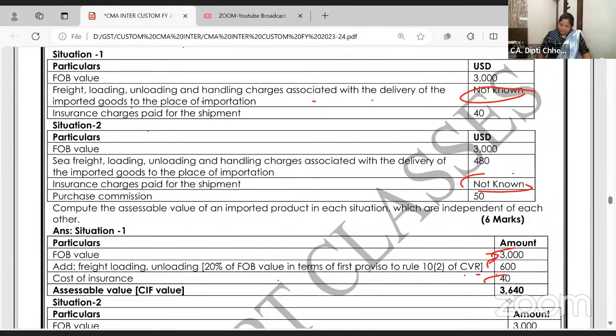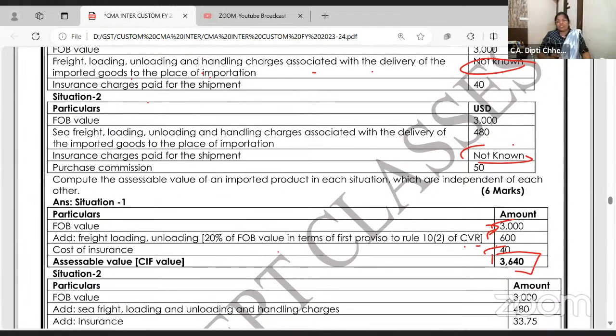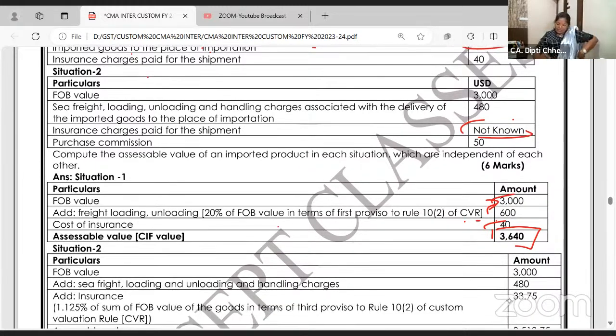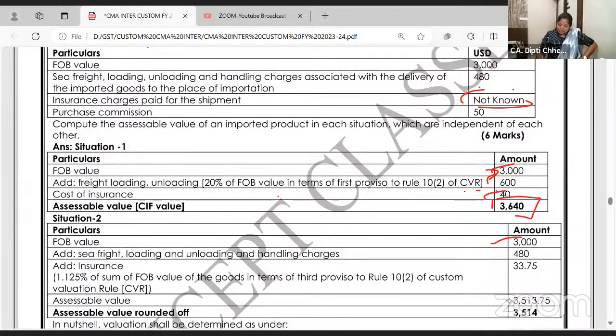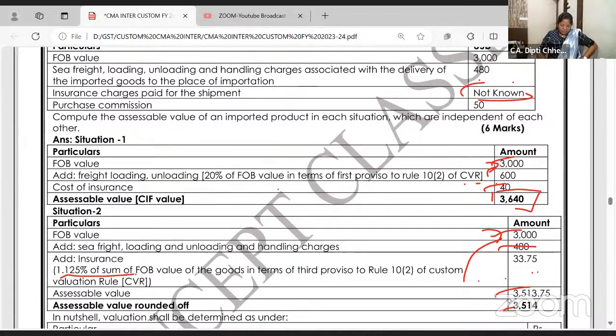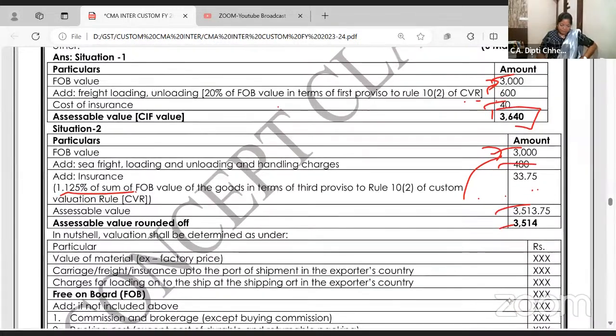And insurance is given. So what is the CIF? 3640. Such an easy question. Good? Easy? Now, if FOB is given, freight is given, insurance is not given, insurance we can take 1.125% of this and round off. That gives you the value.